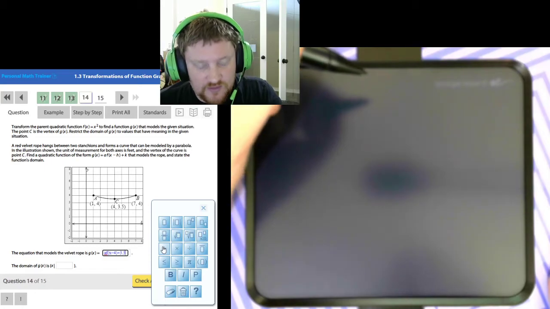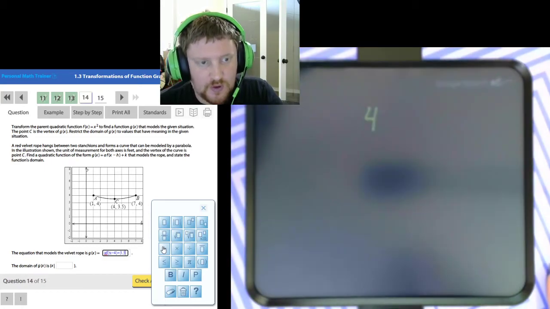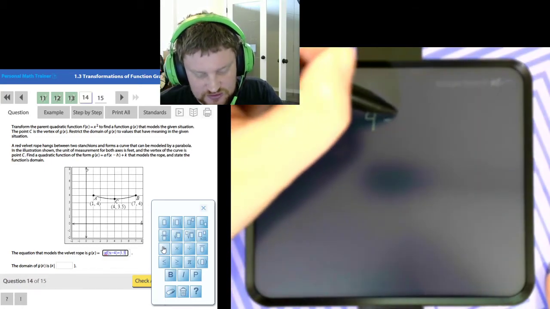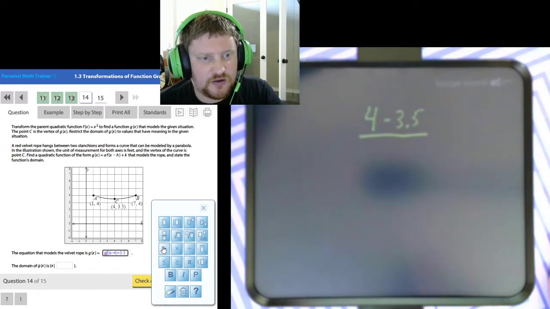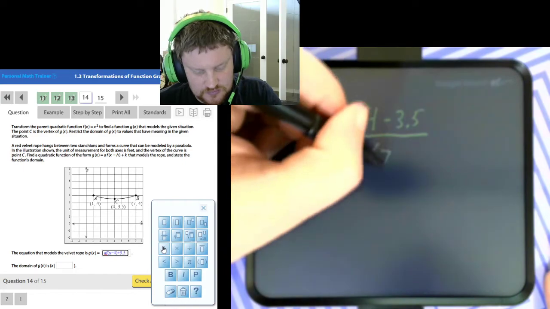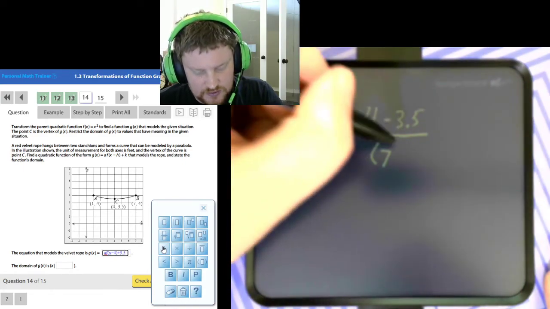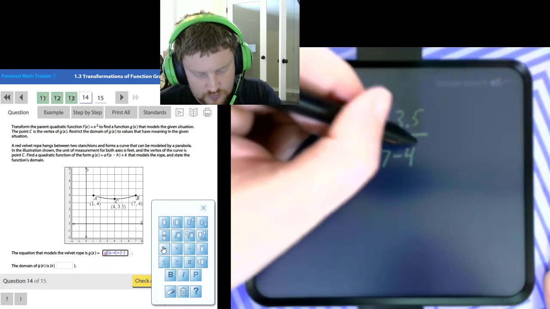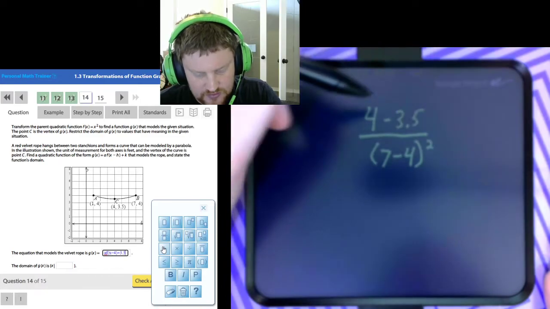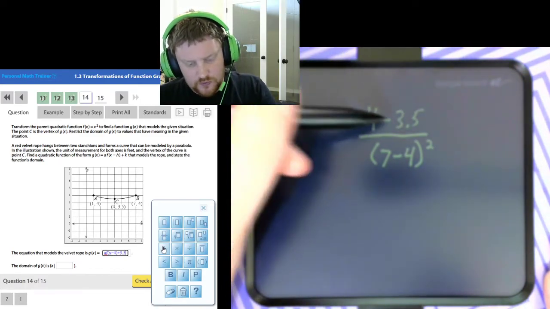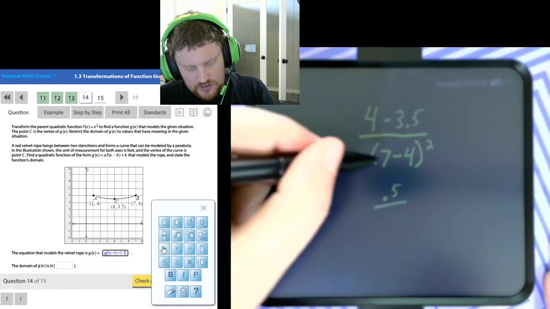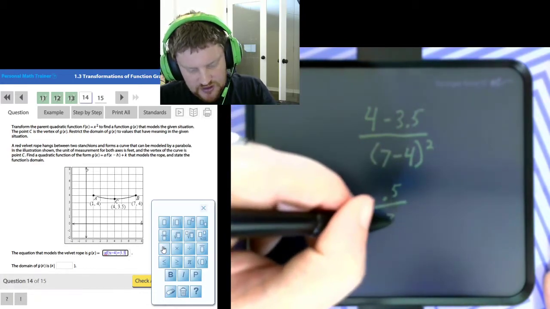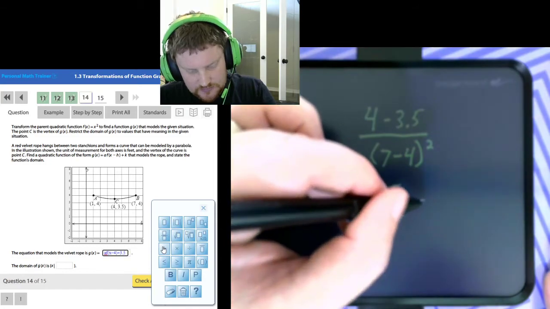So my y value for B is 4. My y value for C is 3.5. My x value for B is 7. My x value for C is 4. Remember, we're going to square that. So 4 minus 3.5 is 0.5. And then 7 minus 4 is 3. Squared is 9.